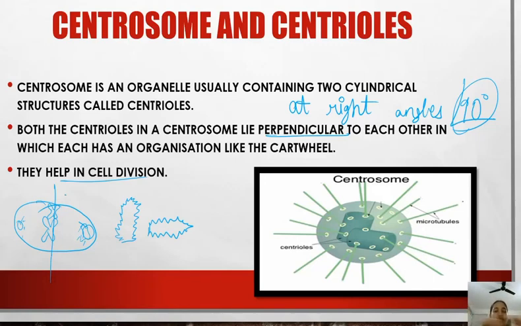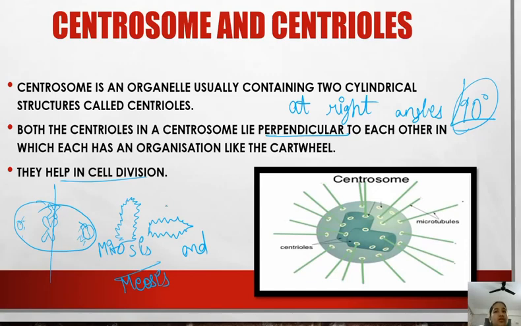So an equal number of chromosomes it pulls. In cell division, it helps. You will come to know this when you learn the process of mitosis and meiosis, where the cell gets divided.